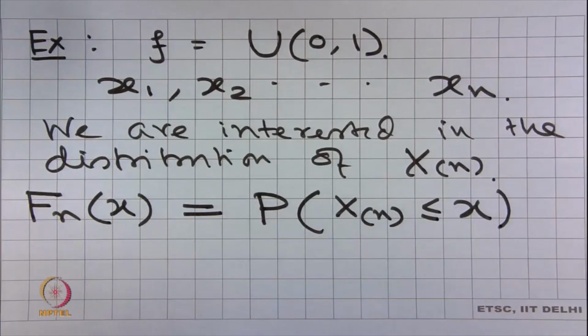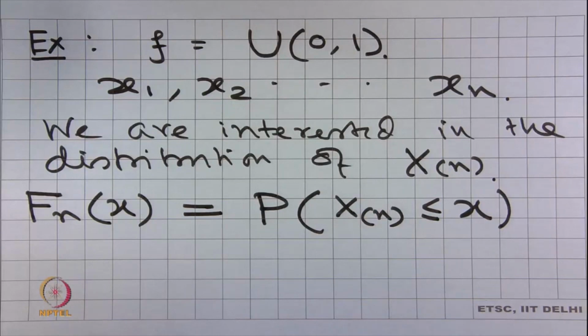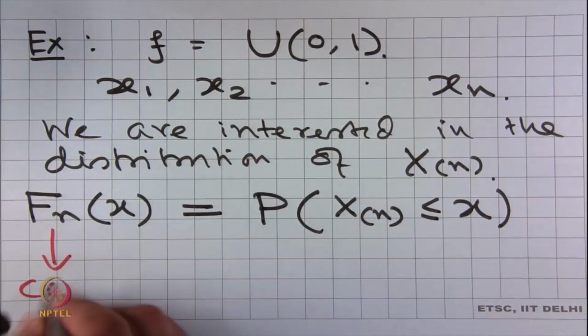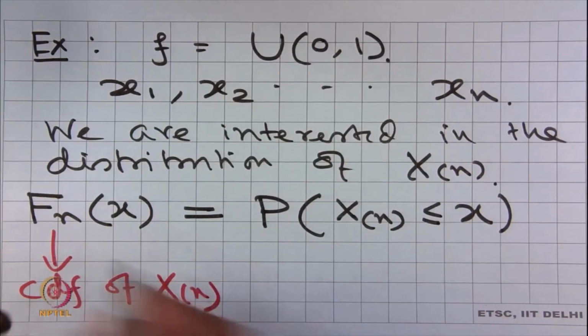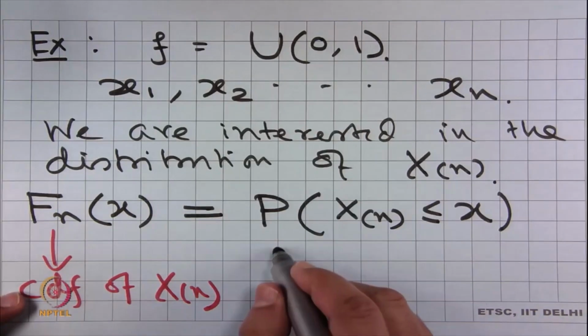We will first calculate the cumulative distribution function of the nth order statistic. This is the CDF of Xn, which we are denoting with Fn. So, this is the probability that the nth order statistic is less than or equal to x.